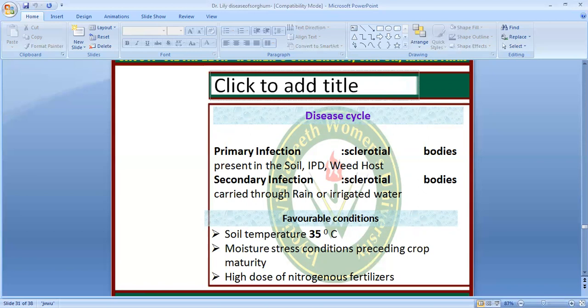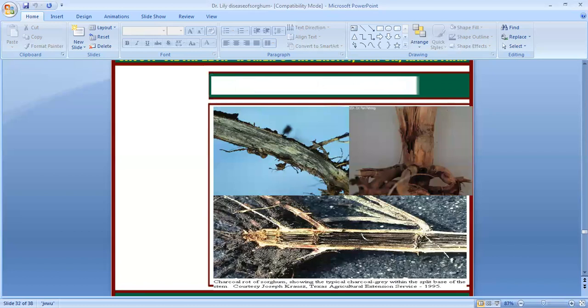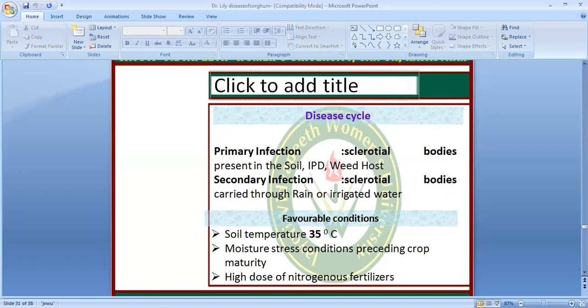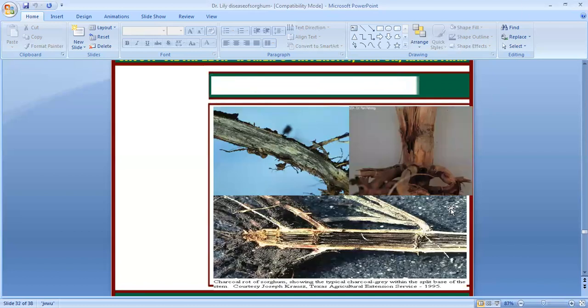Nitrogen is essential to plants, but a very high dose can make the plant susceptible to diseases. Here you see the stem when we split it open near the infected region, we see longitudinal charcoal gray coloration.